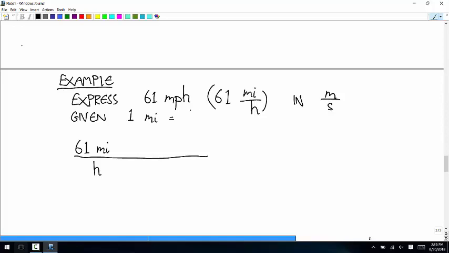Not exactly. So if you ran the mile in high school, you were actually a little over 9 meters short. It's 1609.344 meters. And then 1 hour is equal to 3,600 seconds.